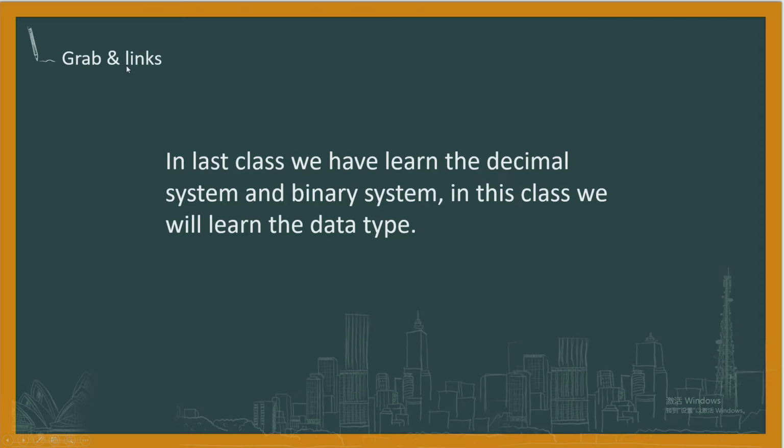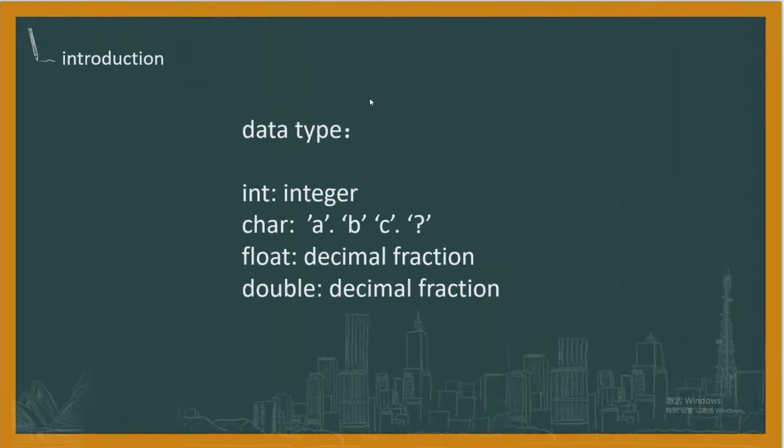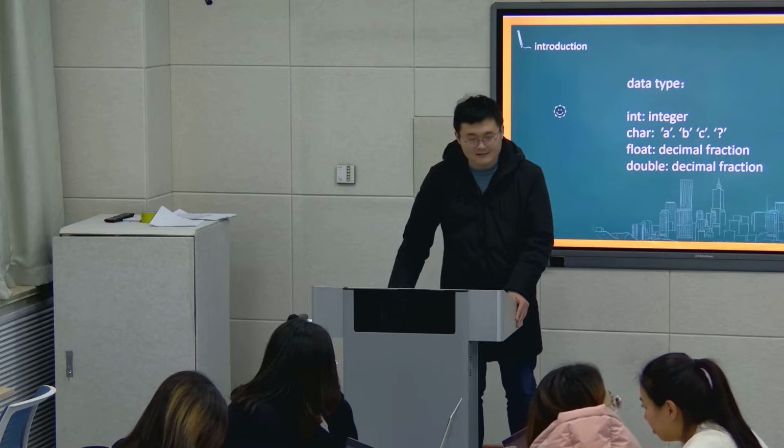Let's start. In this class, we will start learning what a data type is, and I hope everyone can understand it. If you understand this class, you will understand every class after this.